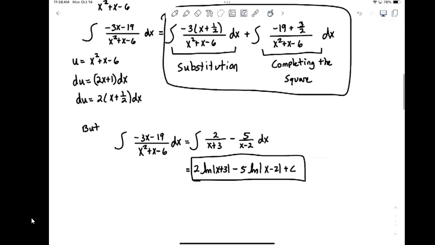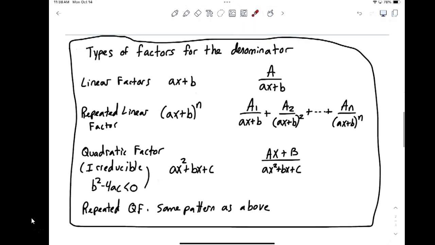Okay. Well, the setup is for each linear factor that makes up your denominator, you're going to write that out as a fraction, some constant, some number over ax plus b.